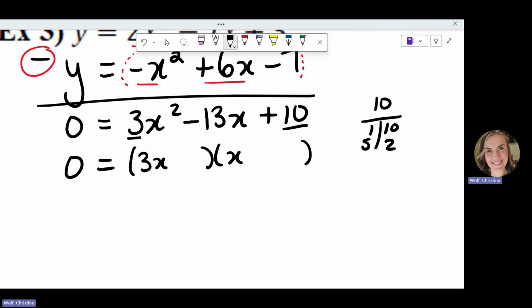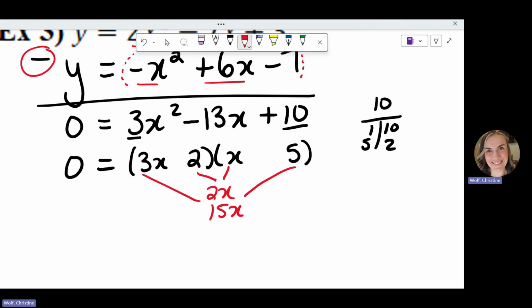If I use 5 and 2 and I put the 5 here, pardon me. If I do that, that's 2x. And if I do that, here we go. That's 15x.